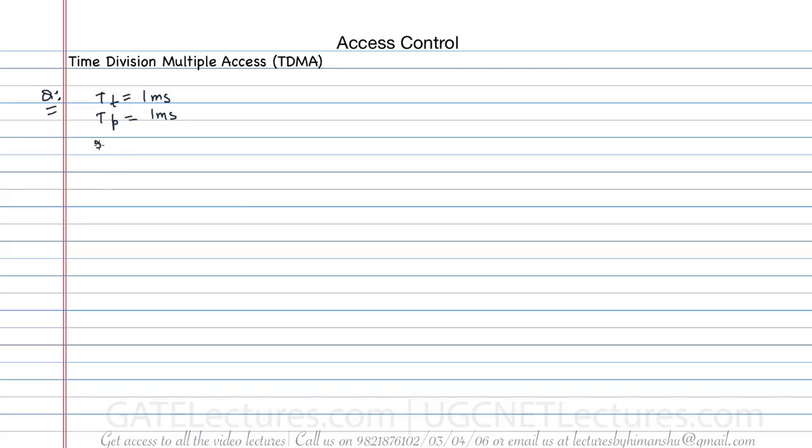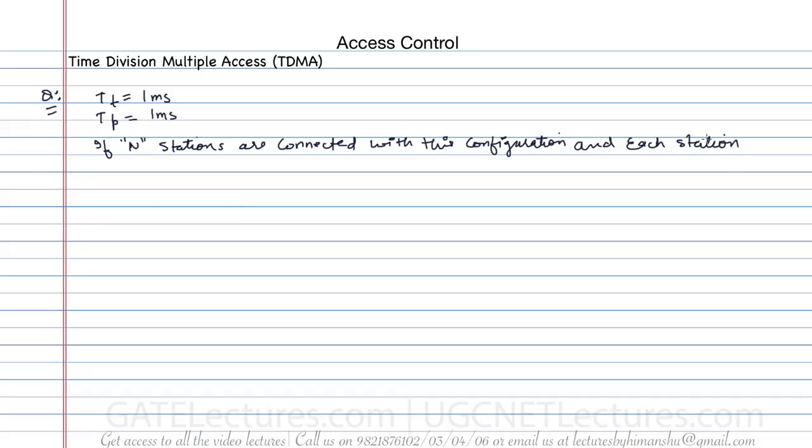Now, n stations, this is a previous year question, are connected with this configuration, and each station requires 2 kbps, kilobits per second, bandwidth.